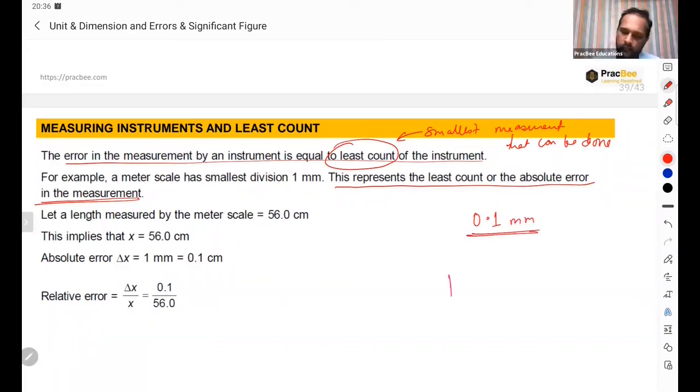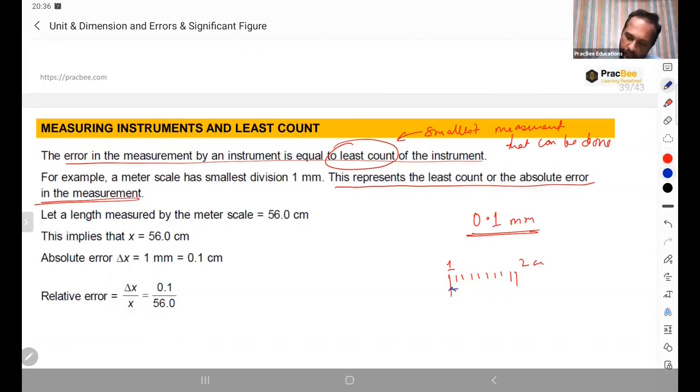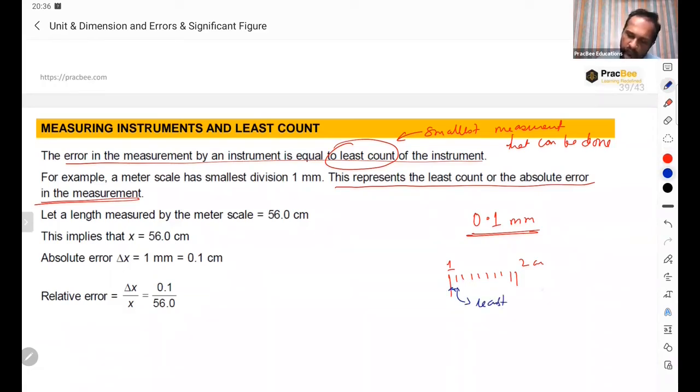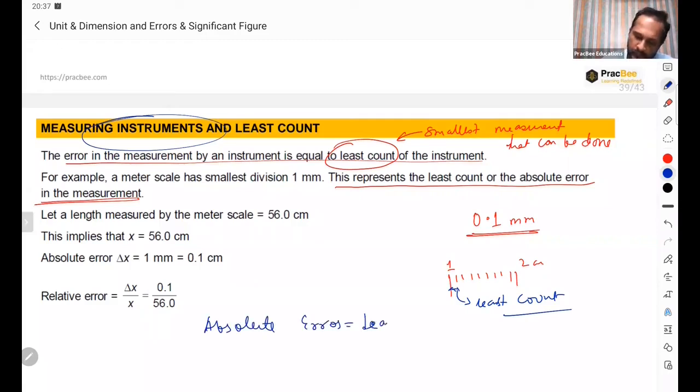Because this is 1 centimeter, this is 2 centimeter, and in between them there are 10 units. This is called the least count, the smallest measurement that you can take. Understood, Fatih? So for instruments, absolute error, you always take as least count.